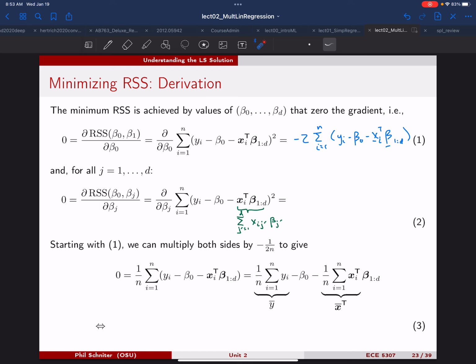And at that point, what's in that sum is just x i j beta j. We take the derivative with respect to beta j of that, we just get x i j. So finally, we get minus 2 times the sum, i equals 1 to n. We're going to get x i j, and then what's in the parentheses there.